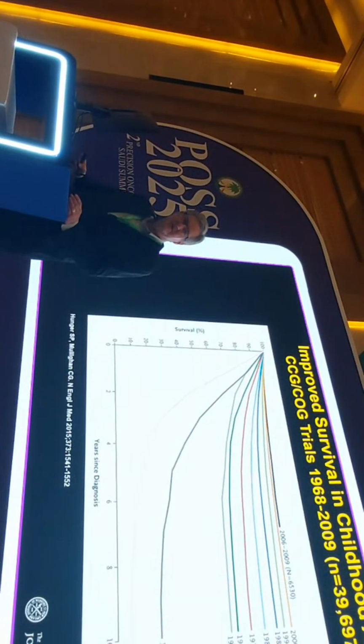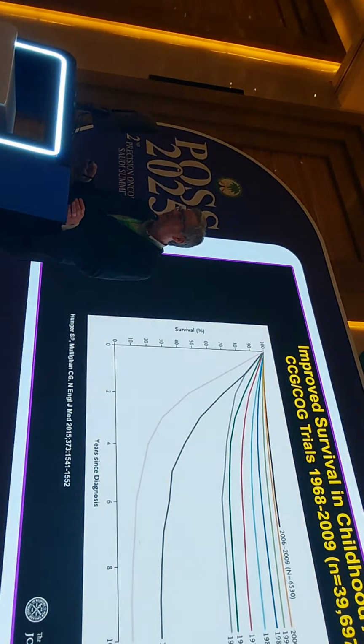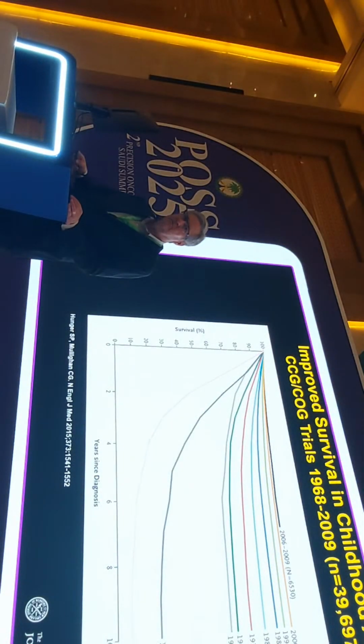Childhood acute lymphoblastic leukemia is the most common malignancy in children, and this has gone from a disease that was incurable in the mid-1960s to one with a cure rate in the range of 90% recently. However, as you can see from this slide, the rate of improvement seems to plateau over time.